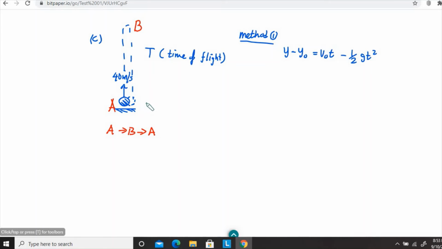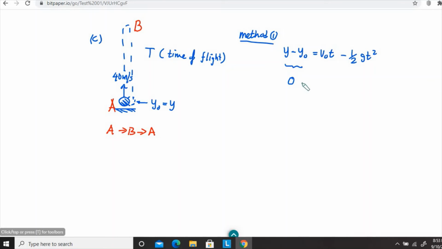You can see over here the object comes back to its original position. So y naught is equal to y in this particular case. So that means the left hand side is 0, because the object, as I told you, comes back to the original position.